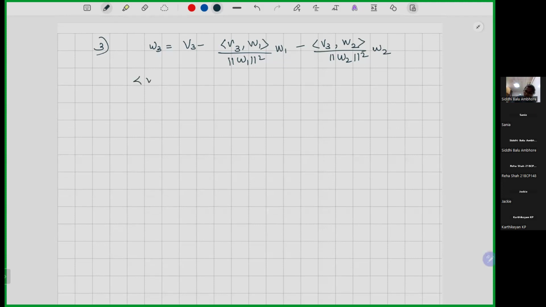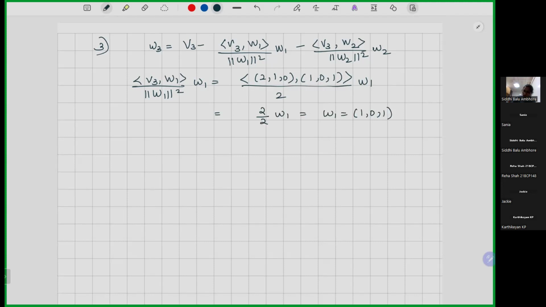So V3 and W1 by norm of W1 squared into W1 is the inner product of (2, 1, 0) and (1, 0, 1), whole divided by 2, times W1. So this is 2 by 2 into W1, so just W1, which is (1, 0, 1).